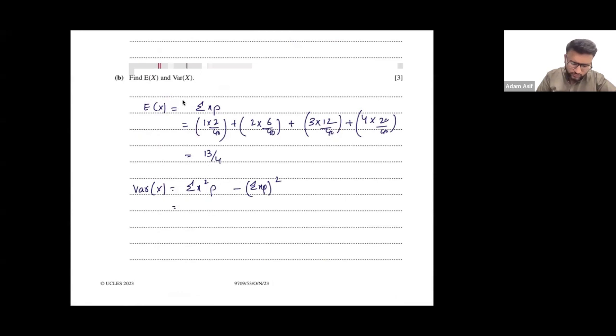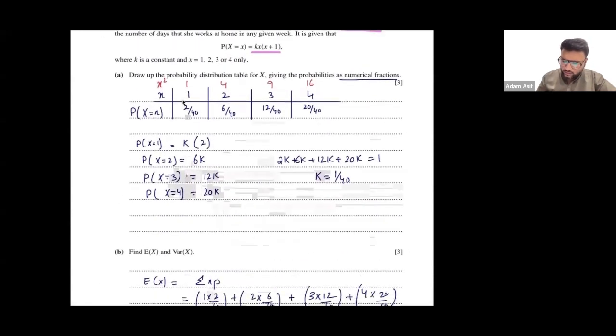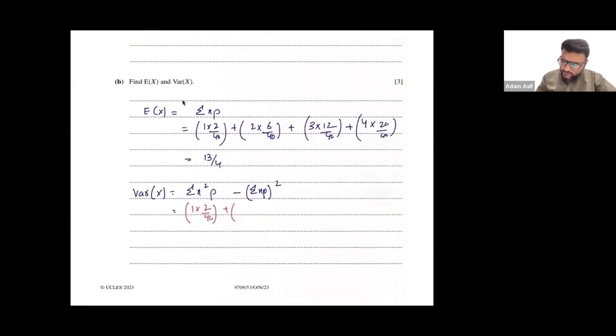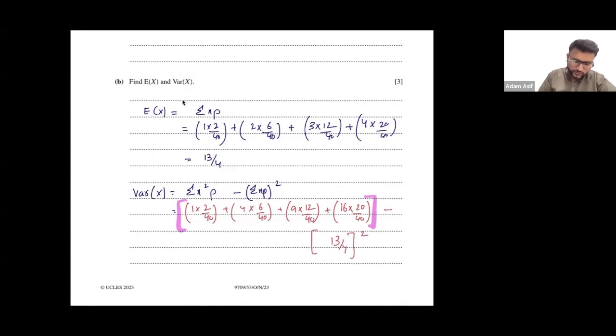So 1 times 2 upon 40 plus 4 times 6 upon 40 plus 9 times 12 upon 40 plus 16 times 20 upon 40. That is E of X square, minus E of X, that is 13 upon 4, the whole thing squared.